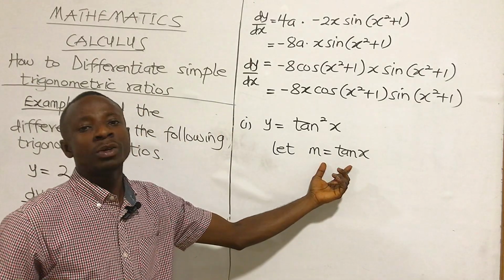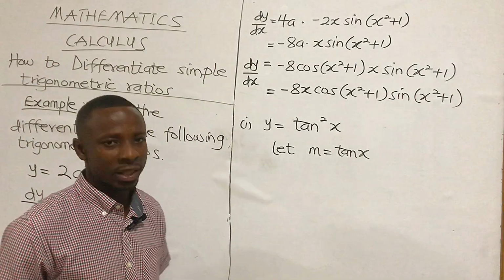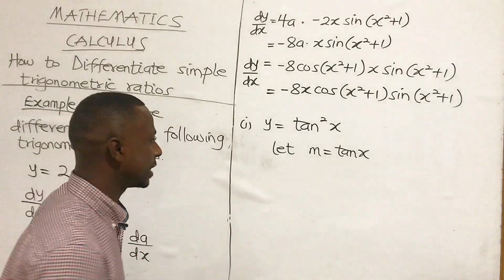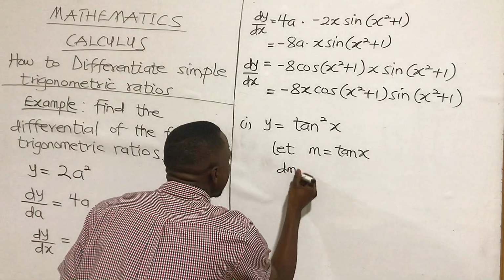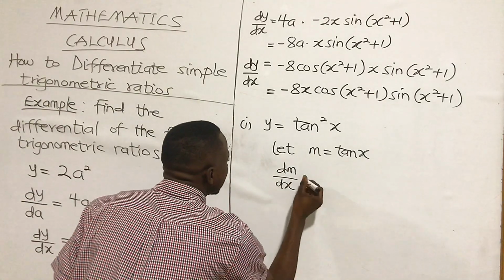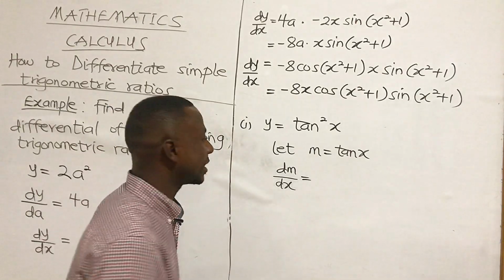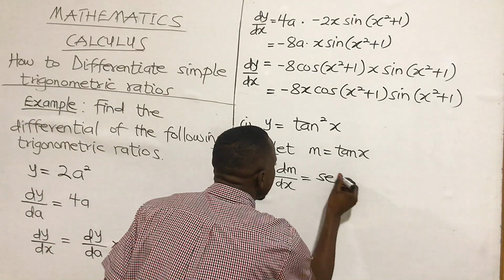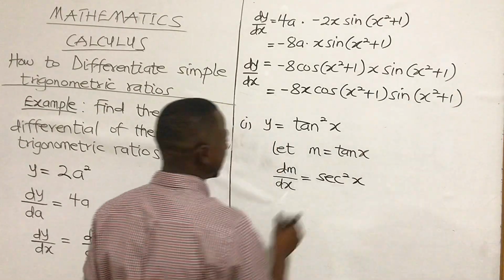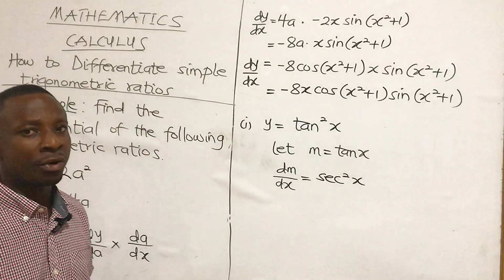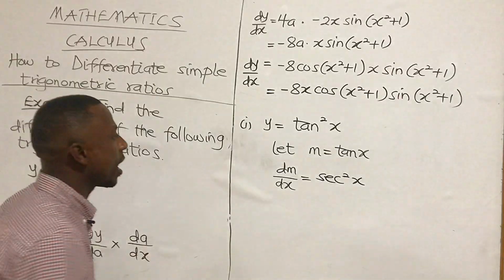And from here, we are going to differentiate m with respect to x. So we have dm over dx is equal to, so when I differentiate tan x, I am getting sec squared x. Sec squared x.